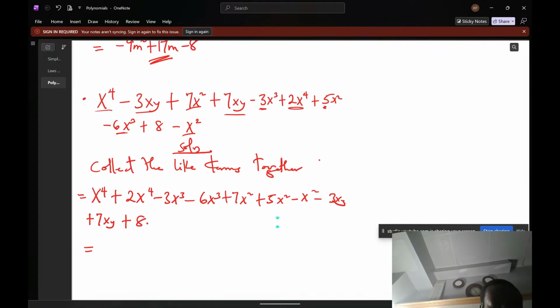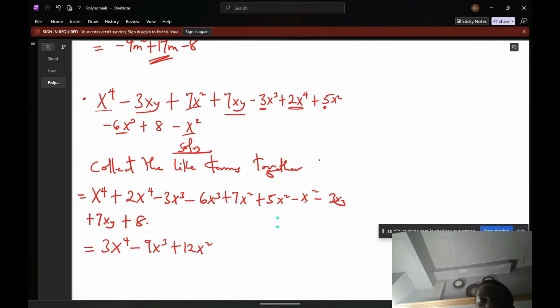Okay, so x raised to power 4 plus 2x raised to power 4 will give us 3x raised to power 4. Minus 3x cubed minus 6x cubed is minus 9x cubed. Plus 7x squared plus 5x squared is plus 12x squared.